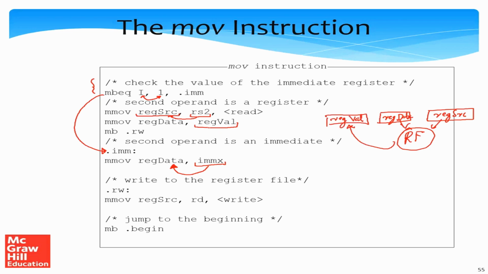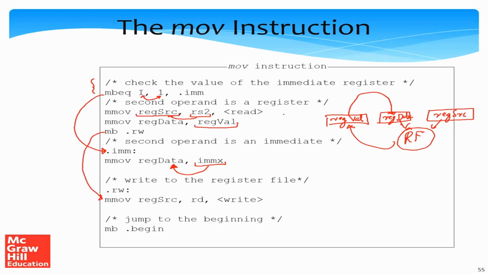So what we do is that we send the contents of rs2, so we read one of the registers, the second register, second operand. Then, once we read it, we again need to use it to write it to the destination. So we transfer the contents of regval to reg data by this move instruction. Then we do an unconditional jump to RW, which brings us over here.